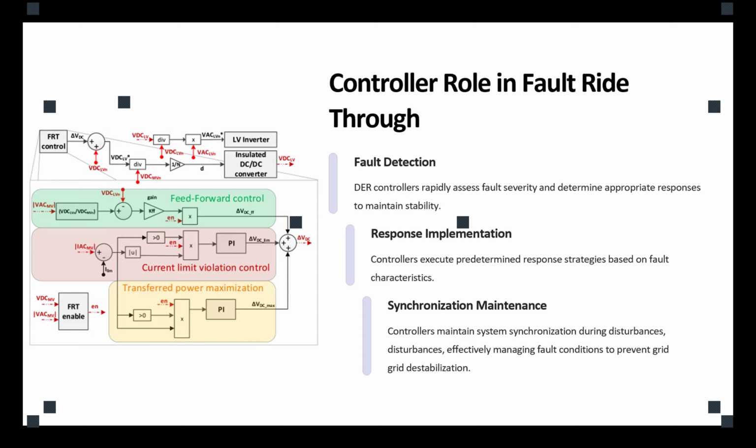It should remain injecting power, even if it means there is a rush of fault current, and now the inverter has to inject a rush of current or a huge amount of reactive power in order to help the system to tolerate the fault.